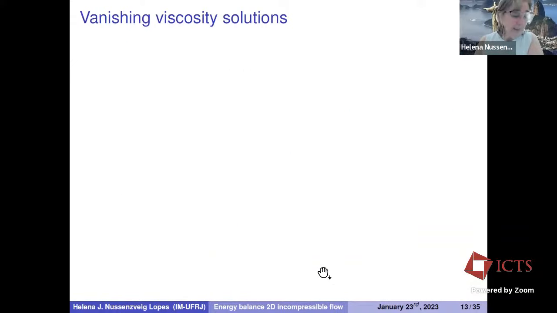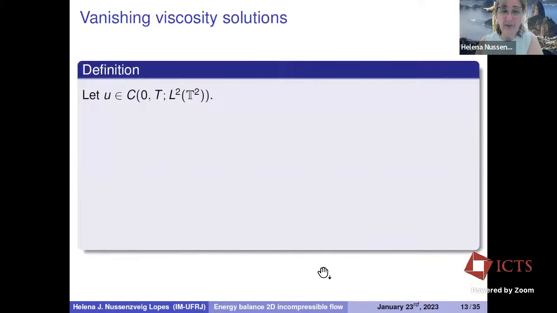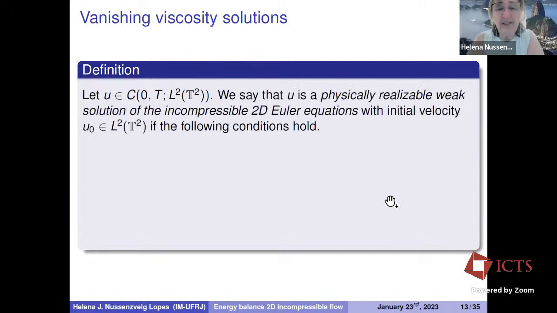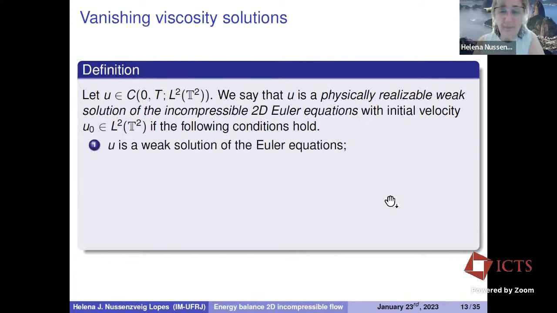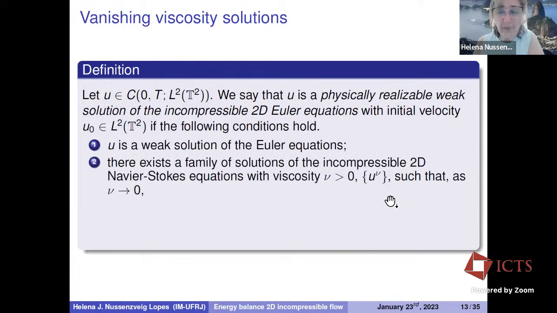Okay, so let me discuss vanishing viscosity solutions. So here's a definition. I will take a velocity which is continuous in time into L2, and I will say that it's a physically realizable weak solution of the incompressible 2D Euler equations if the following conditions hold. 1, it's a weak solution. 2, it's attainable as a limit of solutions of the Navier-Stokes equations with vanishing viscosity, attainable in the weak star limit in L infinity in time L2.